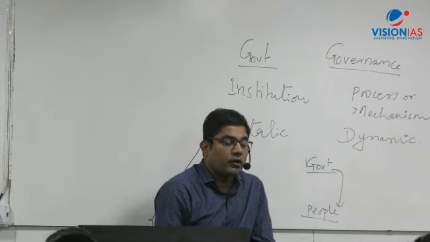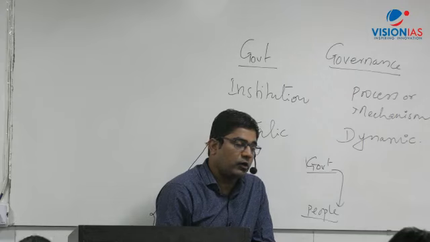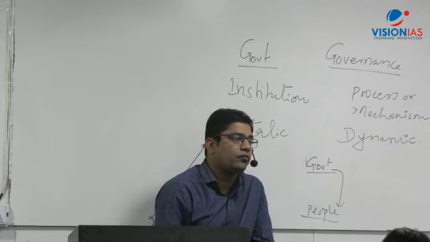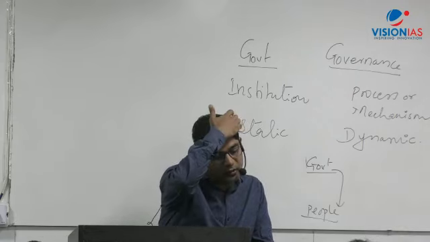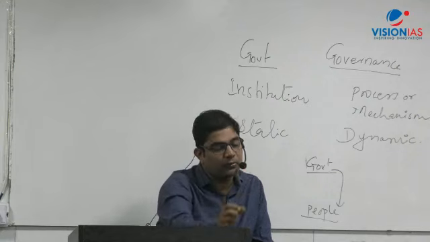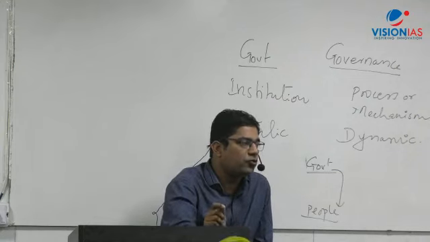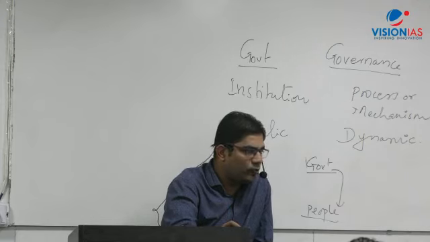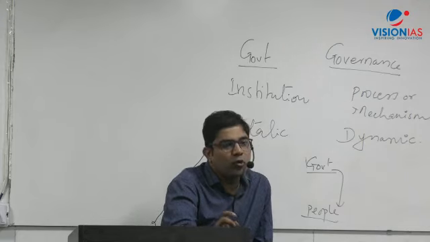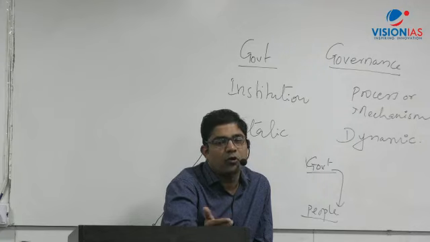Second is the perverted government, P-E-R-V-E-R-T-E-D. A perverted government is one where the ruling class is perpetuating their own interest.